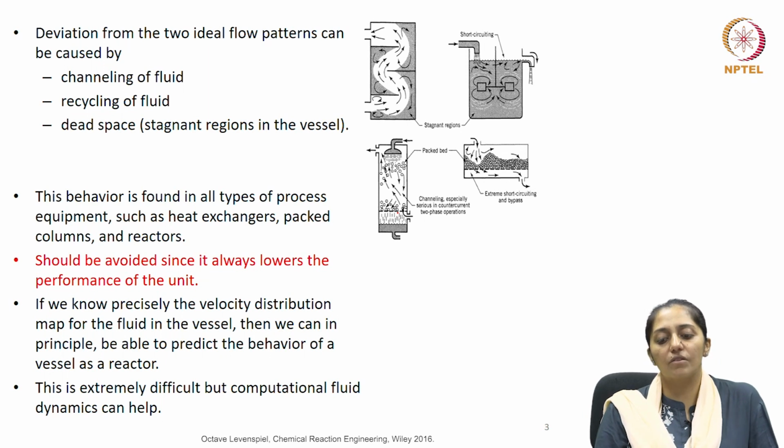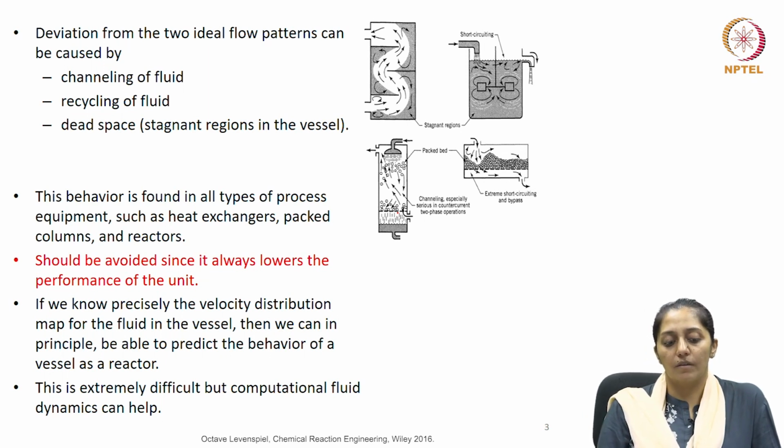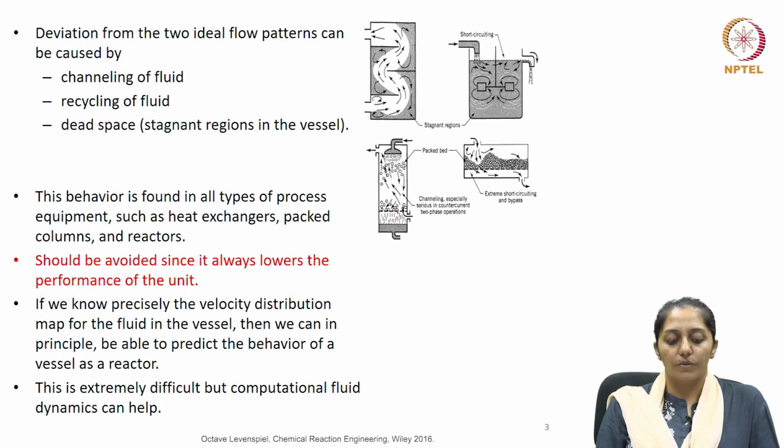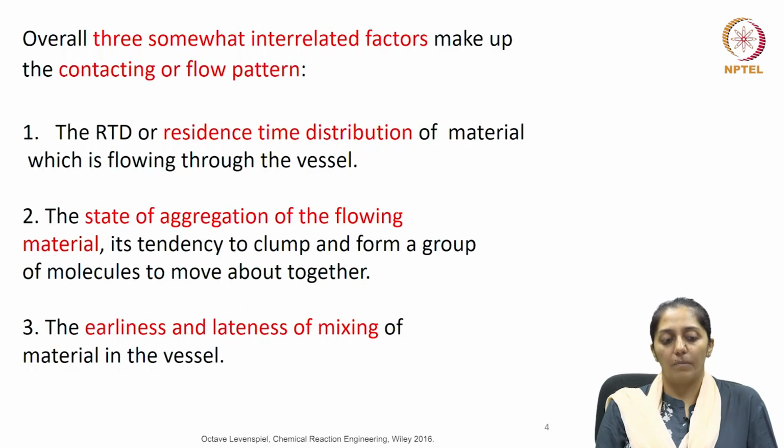So you see, in case of non-ideal behavior, the flow patterns or the fluid movement changes inside the reactor in terms of its velocity distribution pattern. So this is extremely difficult. However, computational fluid dynamics here can help.